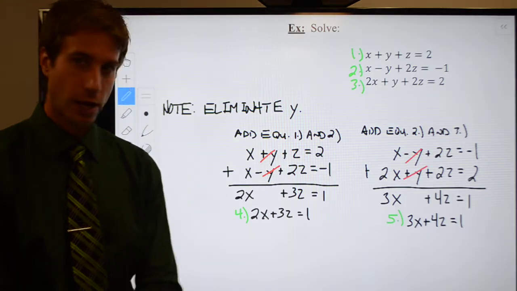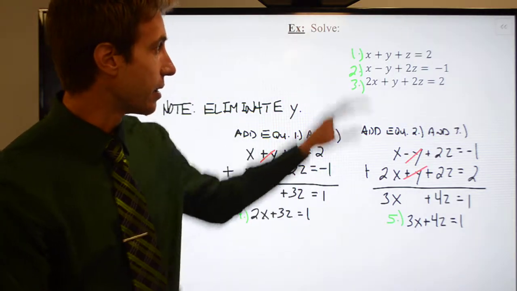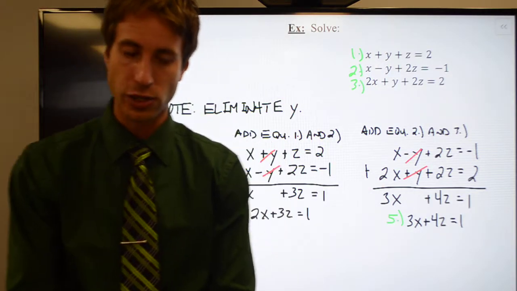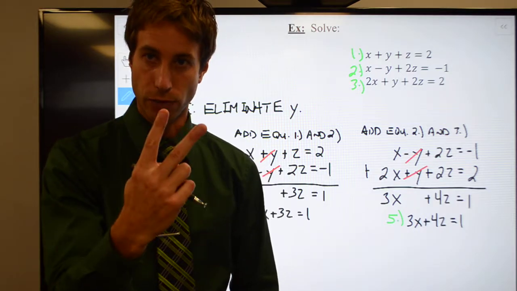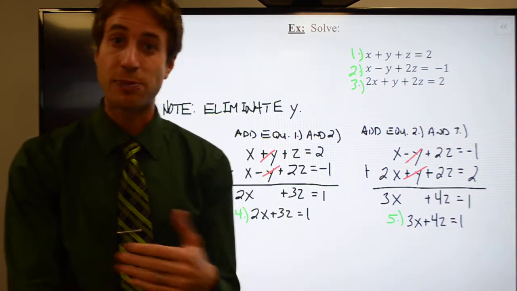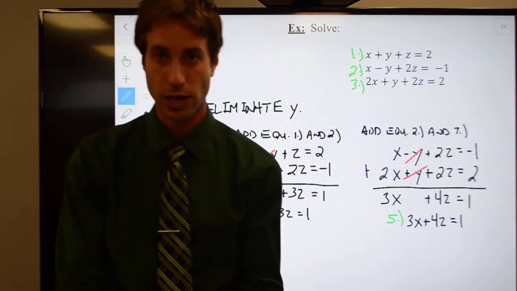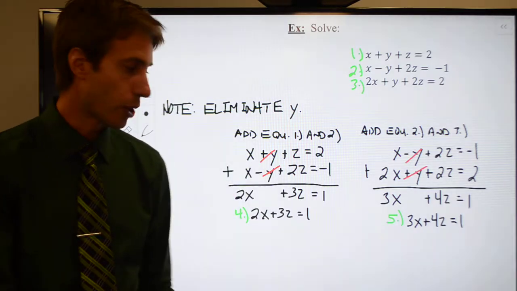Now at this point, hopefully what you can see is you have taken this system of 3 equations and you have boiled it down to 2. This one and this one. Well, we spent an entire section, chapter 3, section 1, solving systems of 2 equations.